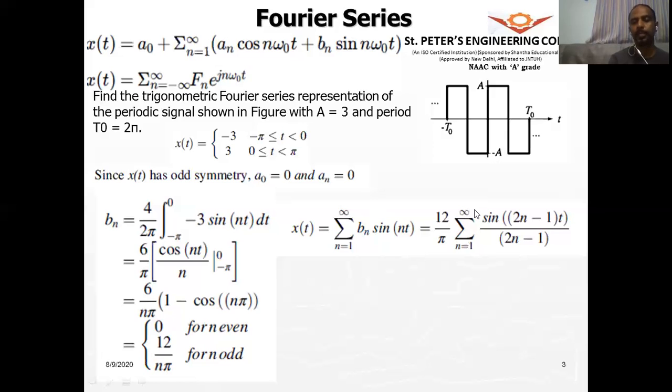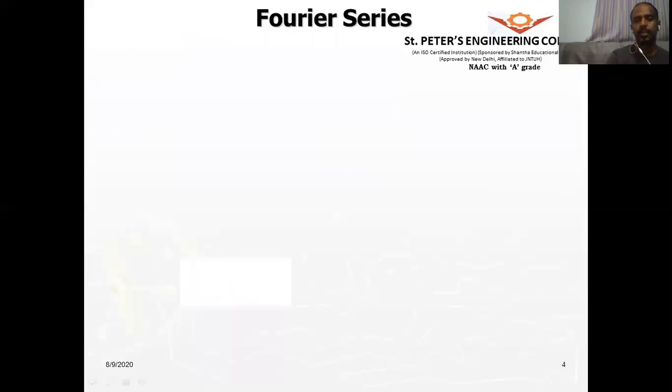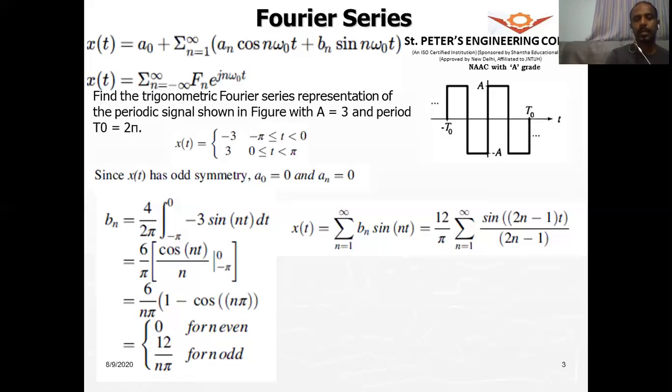Since we have the summation over n, this will turn out to be the sum from n equals 1 to infinity of sine of (2n minus 1)t by (2n minus 1), and for the sine you'll have the t term. All right, so that will be the expression.